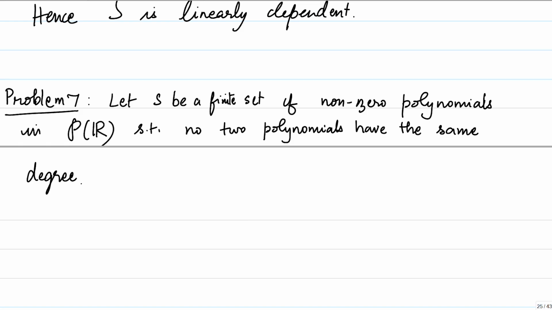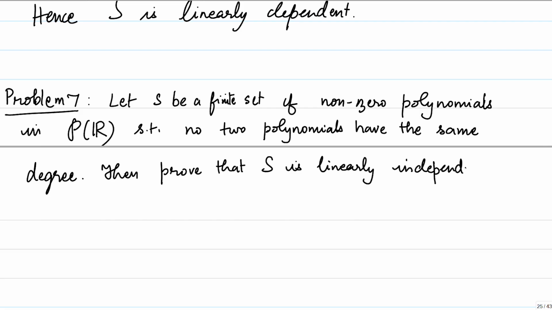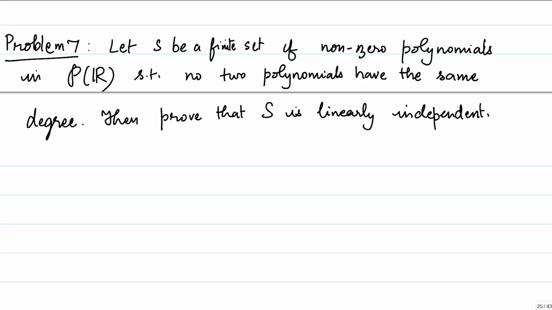So, they have distinct degrees, okay. So, no two of them have the same degree. Then prove that S is linearly independent. So, as much as the problem might sound sophisticated, it is actually quite simple to prove if you make the right observations. So, let us give a proof or a solution to this problem.